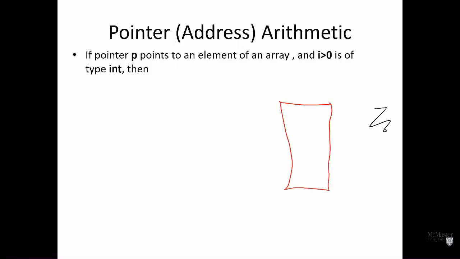So let's say I have this array, and this is 0, 1, 2, 3, 4, 5. I want to access this one.